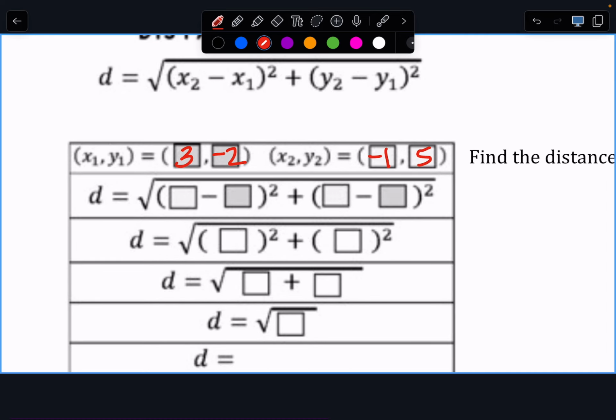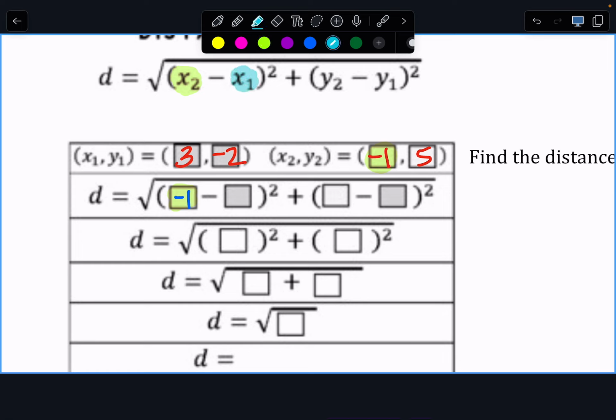Okay. Amari, could you please turn to page 2 so you can write this down? Okay, this box right here looks like it's x2. Which number is x2? -1. X2 is right here. The second x. Okay.